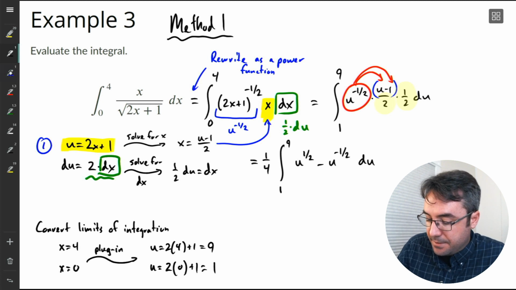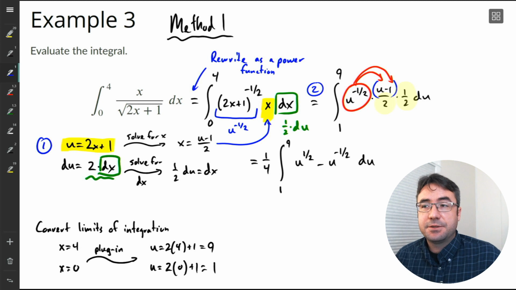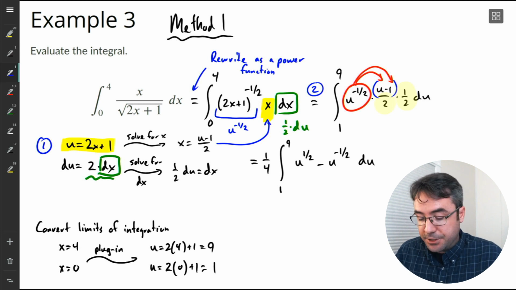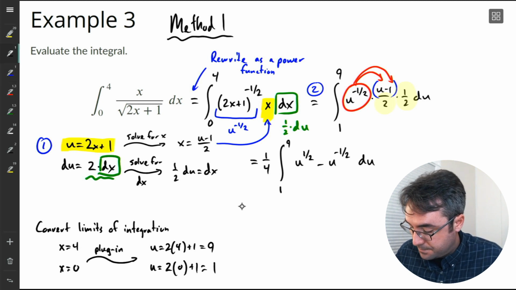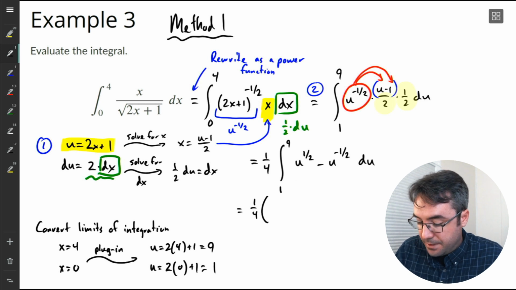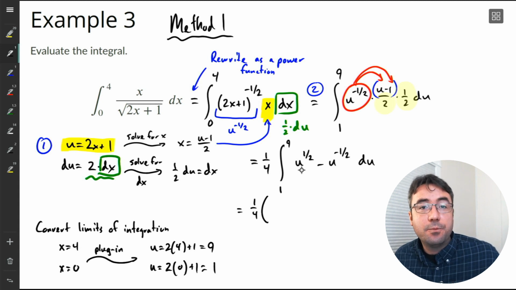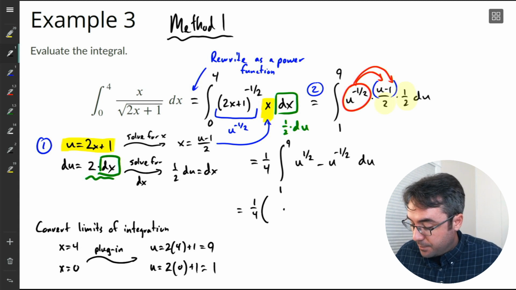All right, so going back to here, conversion, that was step 2. Now step 3, we're going to actually do the integration. So let's find the antiderivatives. For that first one, u to the positive 1/2, we're going to do the power rule. Our variable is u.